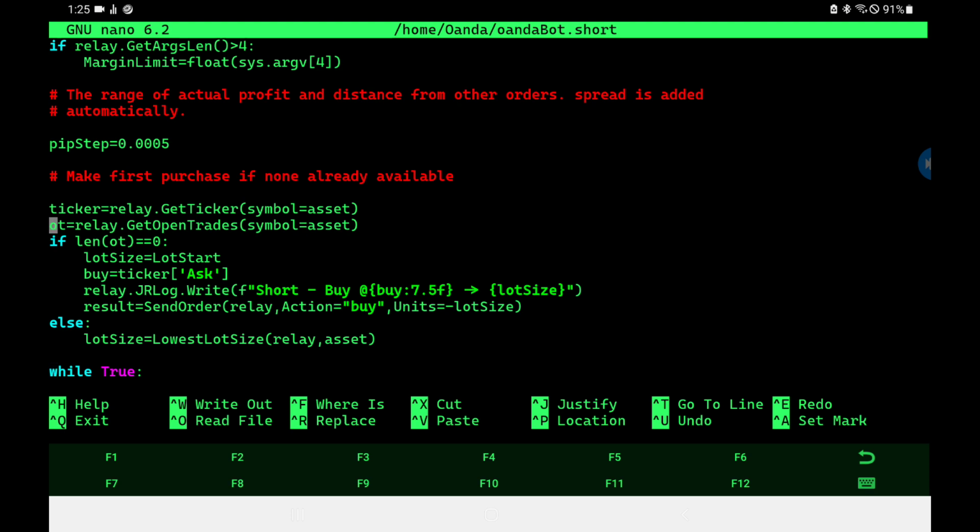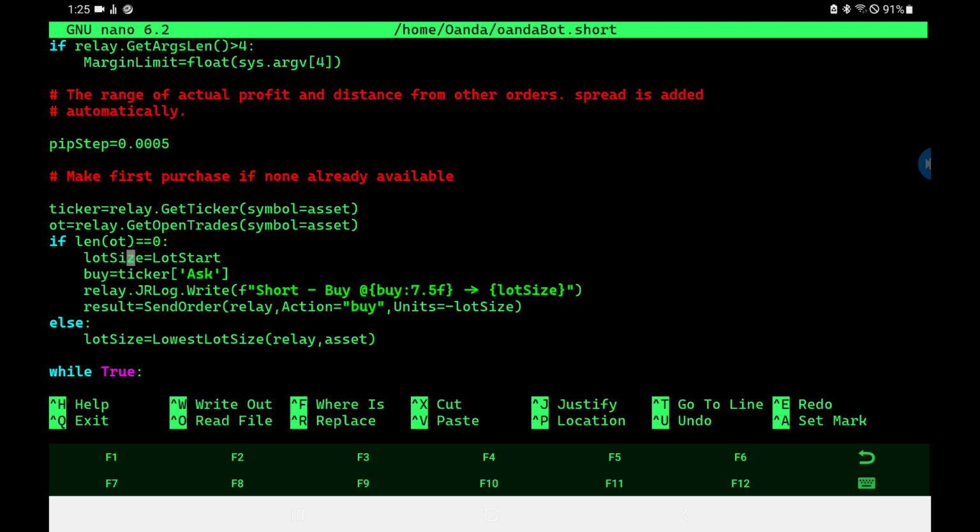And that's where we actually start with our first trade. We start by getting the ticker, the bid, the ask, and the spread. We look at the buying price, and we look at the first lot size, which in this case is 1.